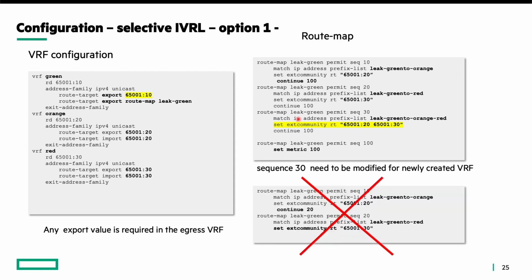Another, maybe more elegant, way to build the route map, which is not yet supported, would be to use a prefix list in the first sequence to identify all the prefixes, even the common prefixes with the other ingress VRF, and set this community.